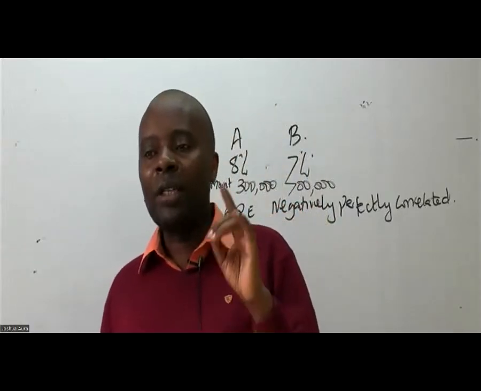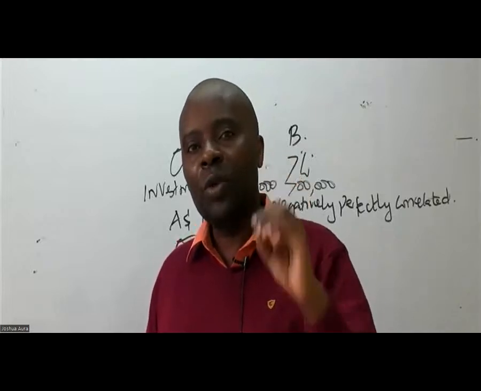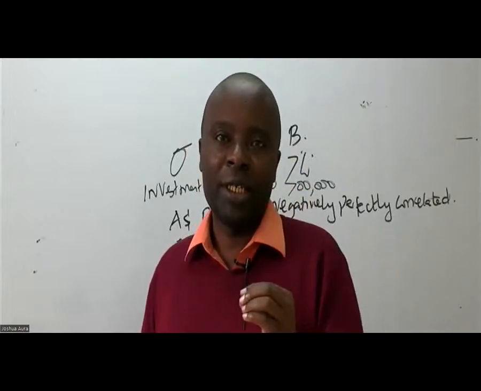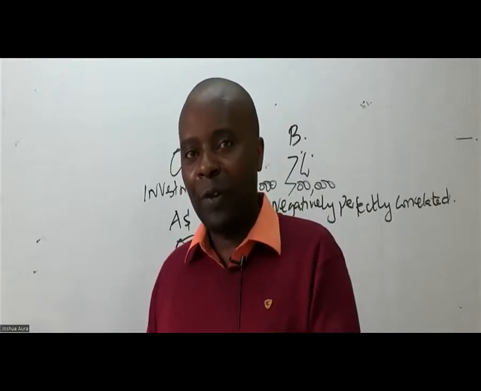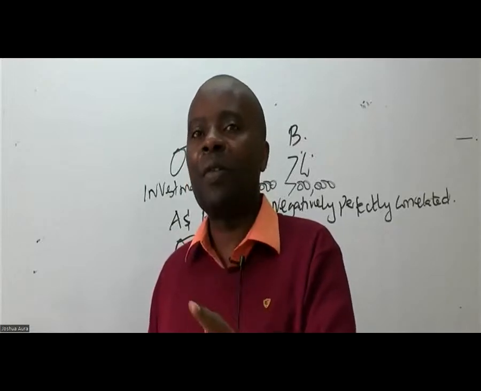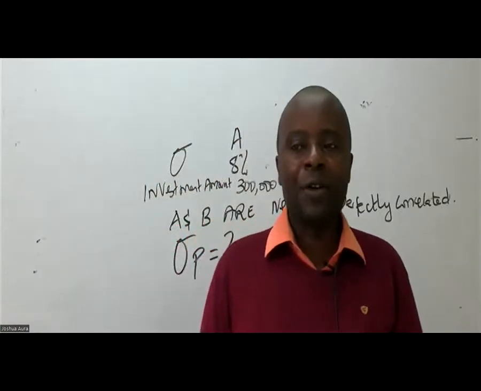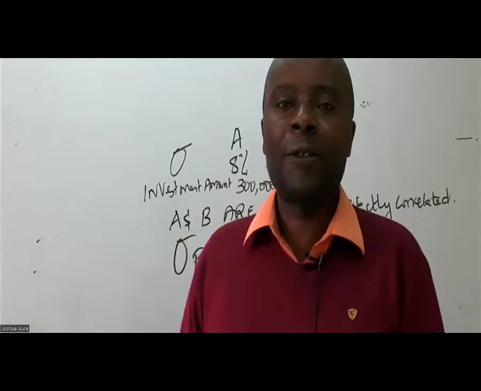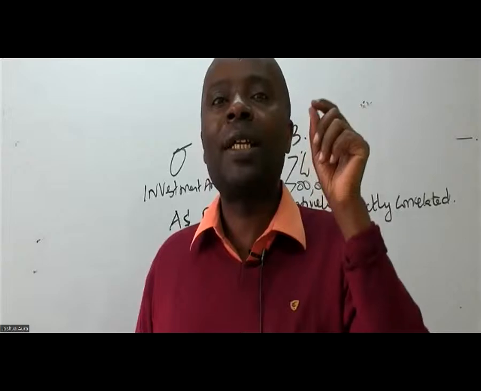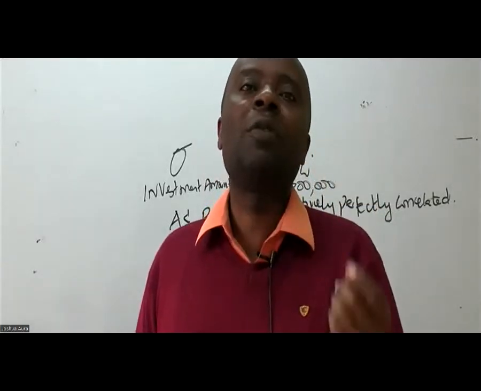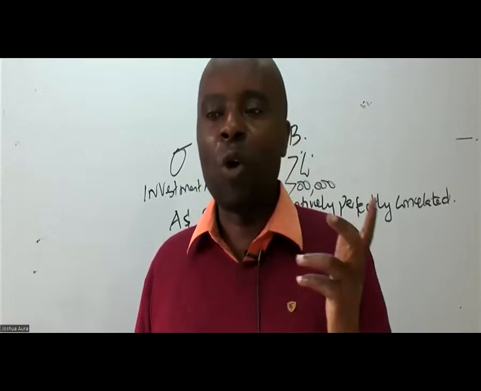Now, ladies and gentlemen, one thing you're supposed to appreciate is that whenever you are told that securities are perfectly correlated, it is either positively perfectly correlated, where R is 100%, or, if they tell you securities are perfectly negatively correlated, it's a perfect relationship but in the opposite direction.